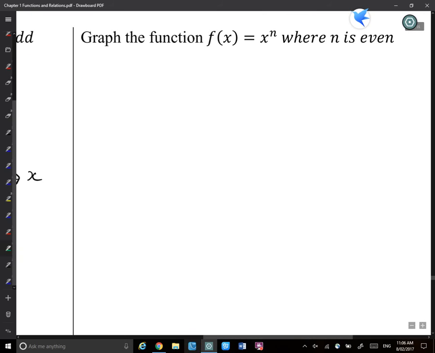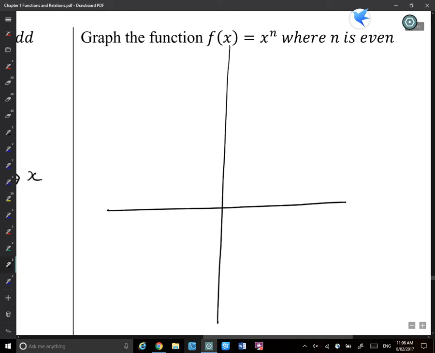Same for the even powers. For the even powers, let's say we have x to the power of 2.